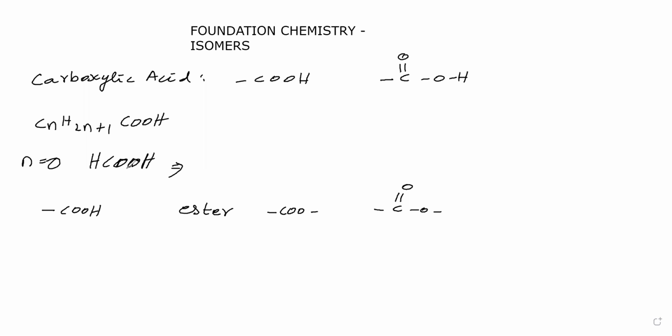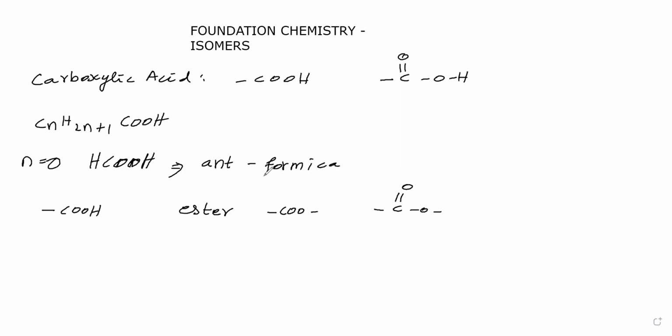Where is this HCOOH present? It is present in the saliva of ants. Therefore, when an ant bites us, we feel irritation because of this acid. The Latin name of the ant is Formica. From this, the name of this acid is given.